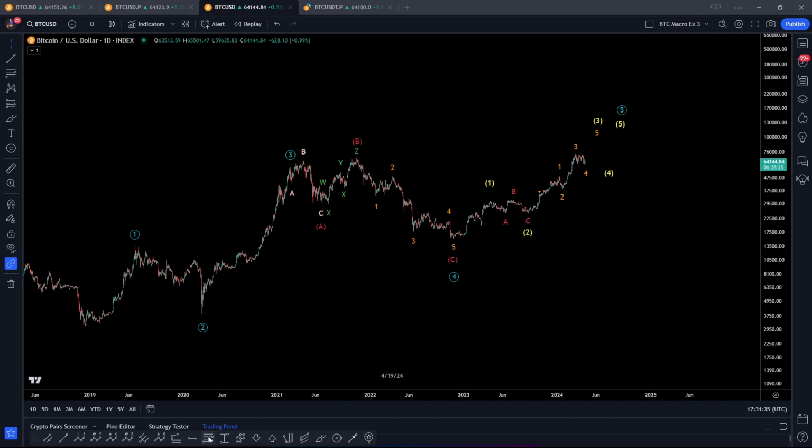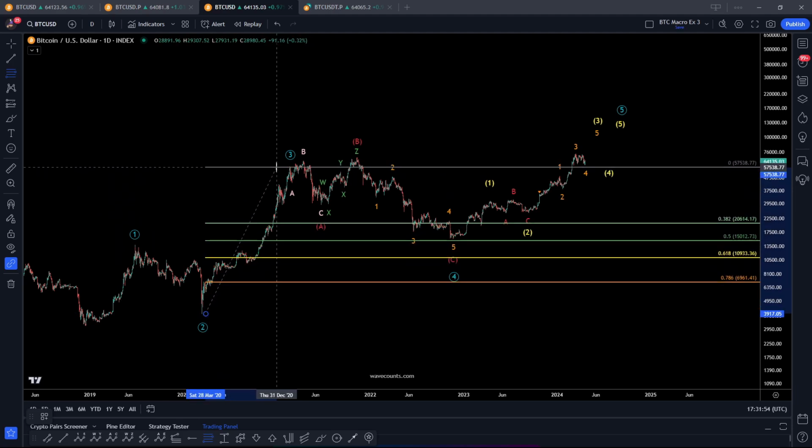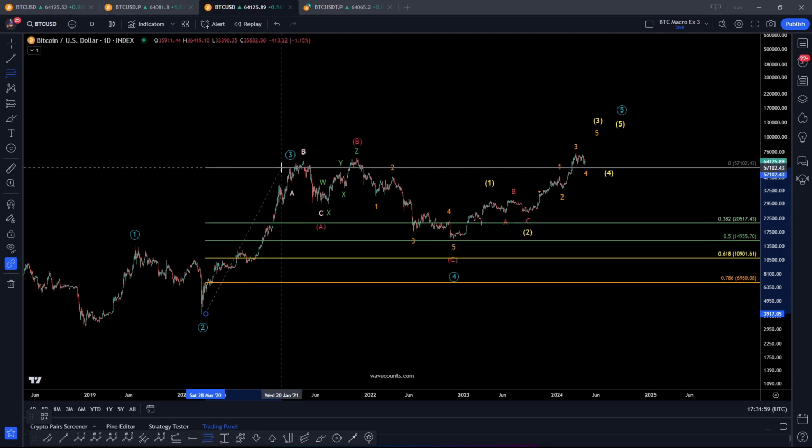A 4th wave should bottom somewhere, as far as a fib relationship goes, somewhere in the neighborhood of 38.2 to 50%. And that's of wave 3, by the way. So we'll measure the entirety of wave 3, which is from there to right about there-ish.